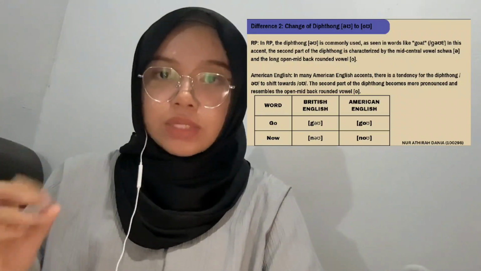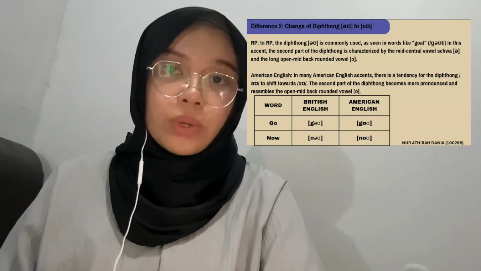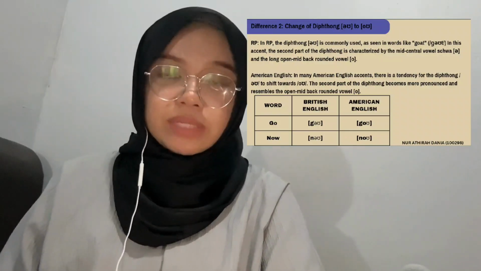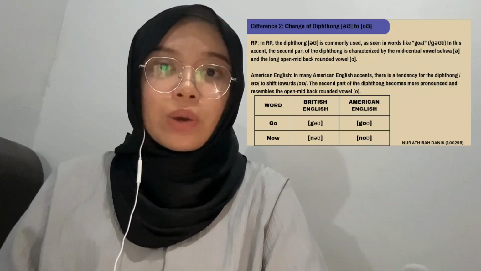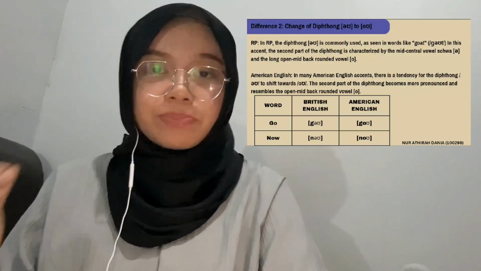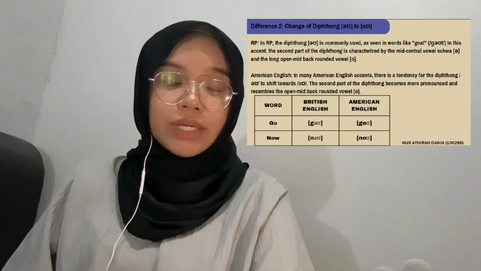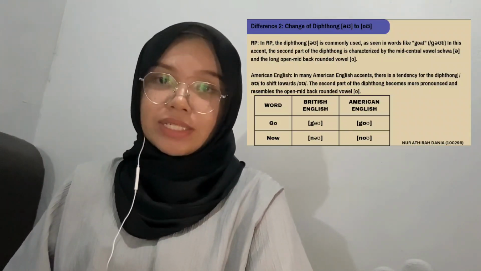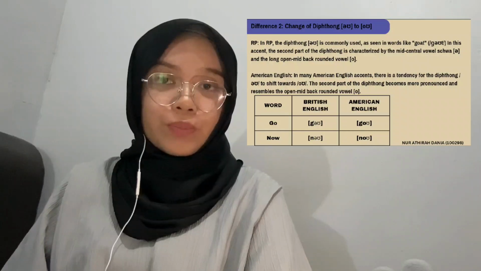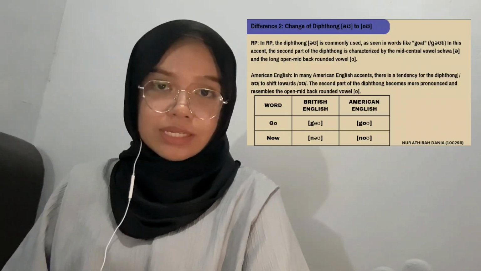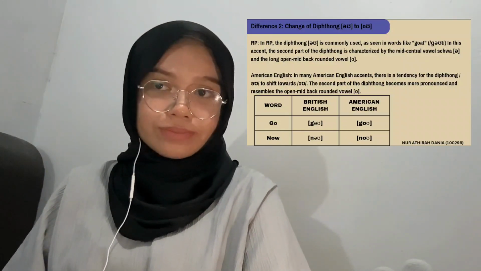For instance, go in the British English accent is pronounced differently from the American accent. Next, the second word, no, in the British accent is pronounced differently from now in the American accent.